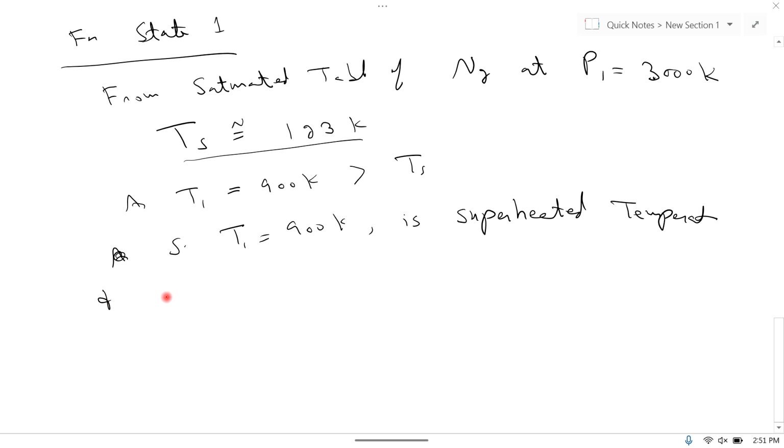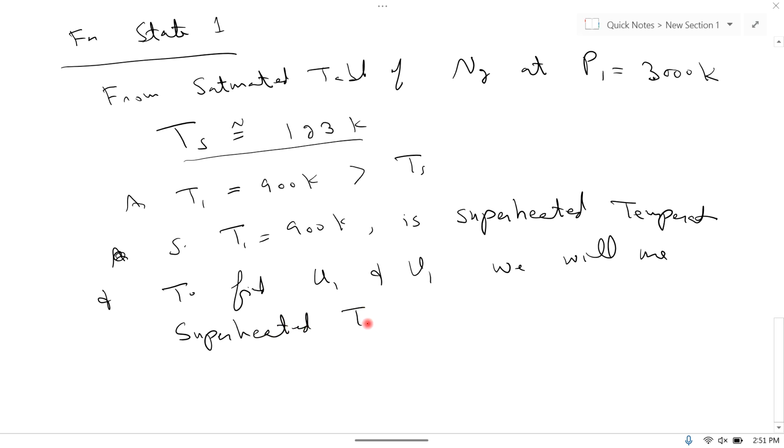And to find u1 and v1, we will use the superheated table of nitrogen.